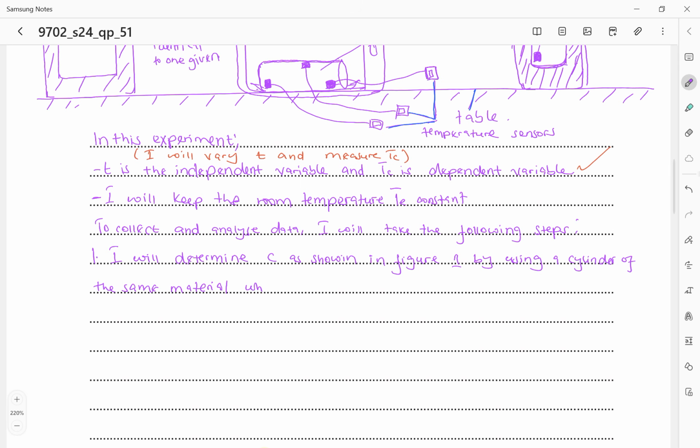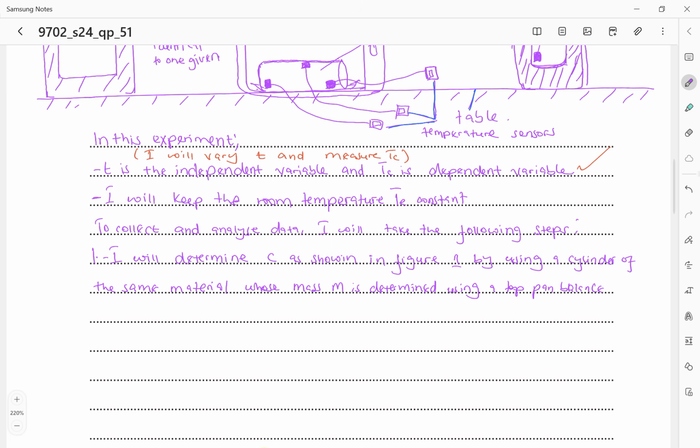whose mass M is determined using a top pan balance.